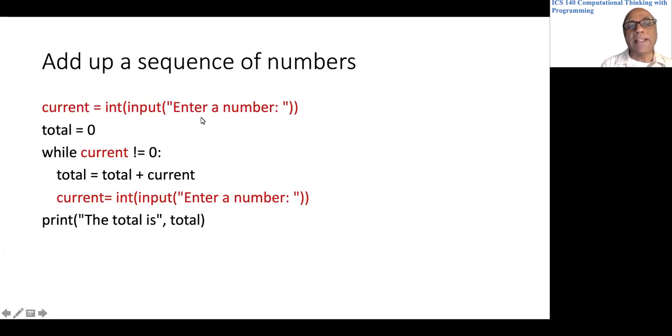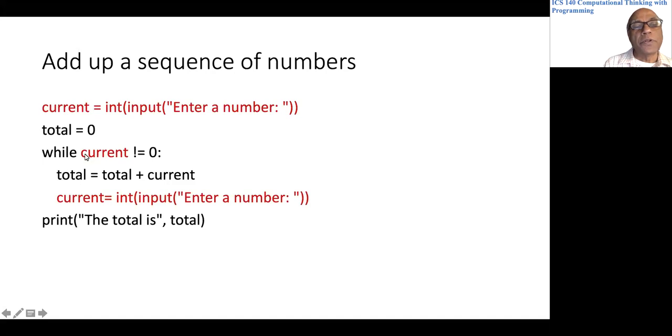You do some activity here, and that activity is repeated here at the very end of the loop body. We get the value of current, we use that value of current here to check a condition, and we update the value of current by asking for it again.